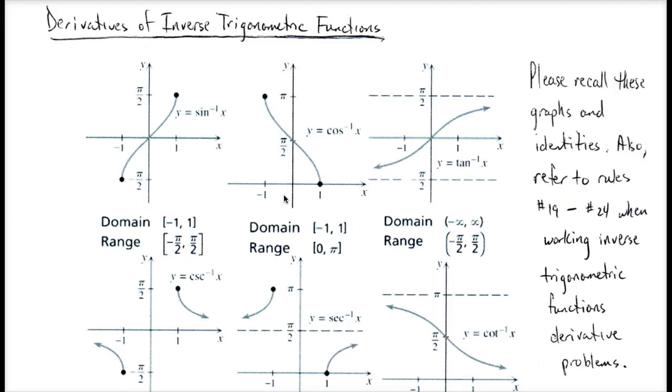Now, if you are wondering how in the world am I supposed to remember what these graphs look like so that you'll know what the domain and range are, you could check out my videos on sketching the graph of inverse trig functions. I have some for sine inverse, cosine inverse, and maybe one or two of the reciprocal inverse trig functions as well.